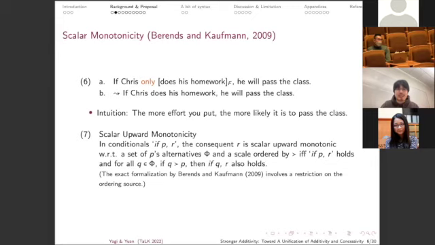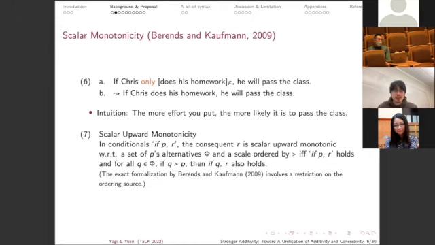Of course it does, but as I said, this inference only holds when we have a scale in which doing his homework is ranked higher in effort than doing only his homework.